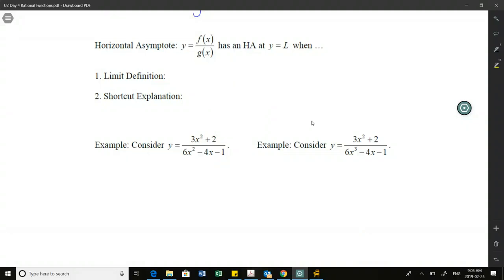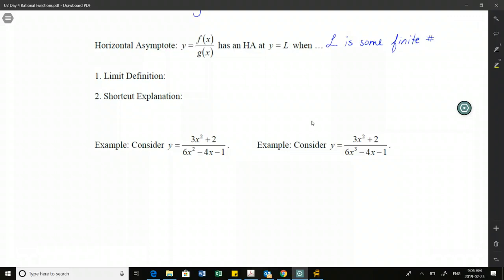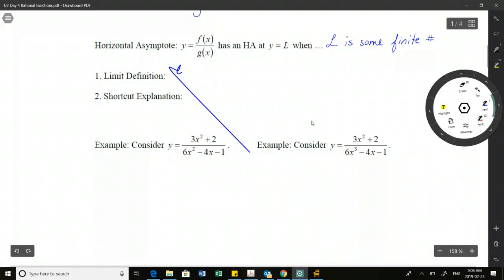It might be a little hard to understand until we do an actual example, so if you don't get it when I explain the general notation, don't worry about it. L is going to be some finite number, meaning we don't get infinity or negative infinity when we approach the limit of the horizontal asymptote.